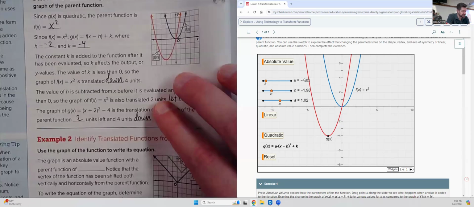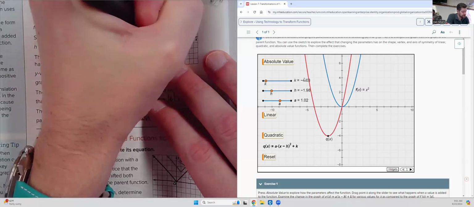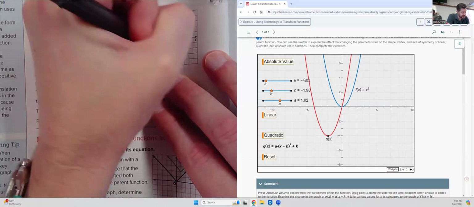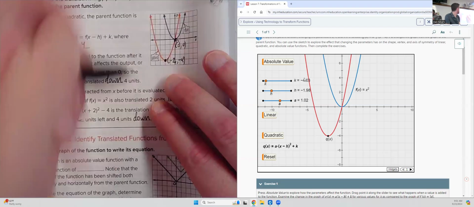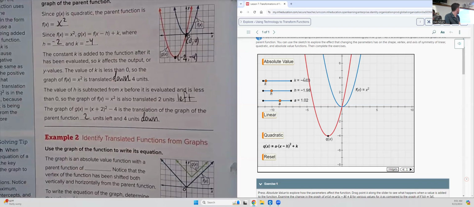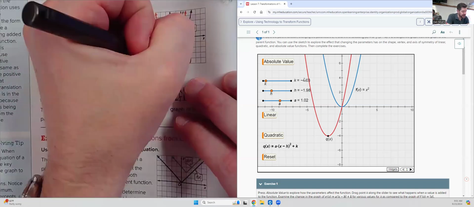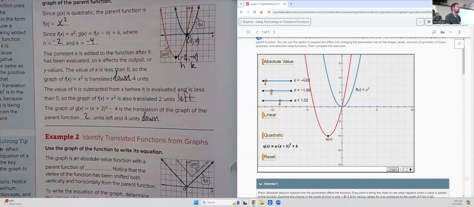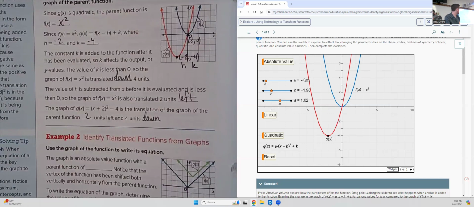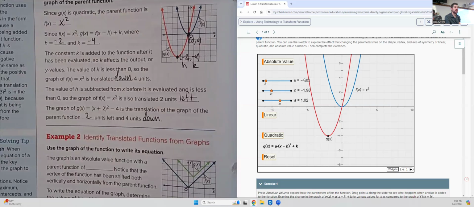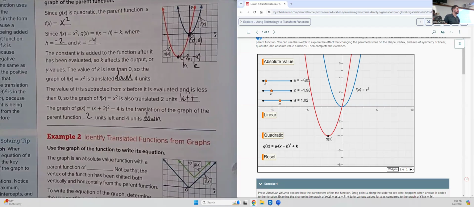The vertex went from 0, 0 to -2, -4. And these are the values of h and k. H and k give you the location of the vertex. It tells you a translation, a movement of the graph.